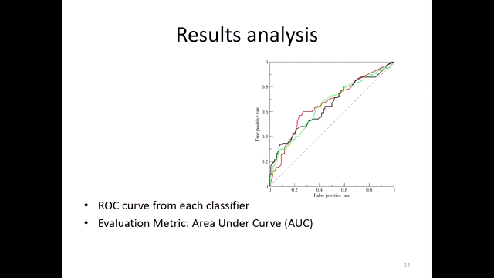If your classifiers fall below that, you might as well just flip a coin, 50-50. So you really want your classifiers, these curves, to be up in a direction like this, for maximum area under the curve, and thus we have maximum classification.